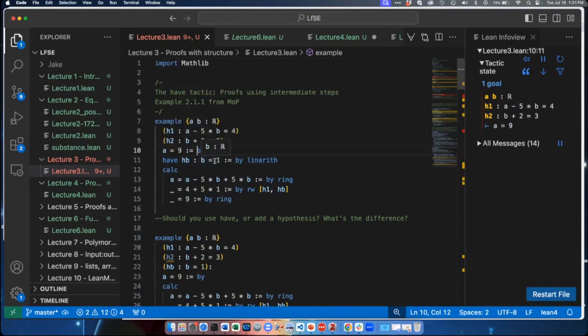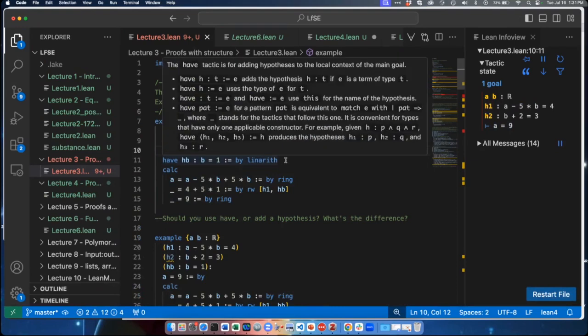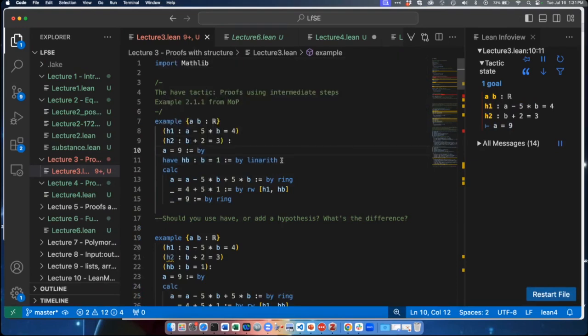I need to give justification for it, and here I'm just going to use the linarith tactic. After this have statement, I have a new hypothesis, HB, in the scope, so I can use it. I didn't lose anything, I just added something to my scope. I have a new fact at my disposal.